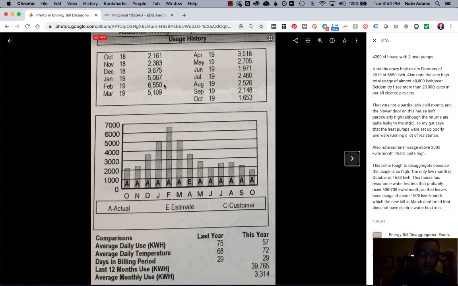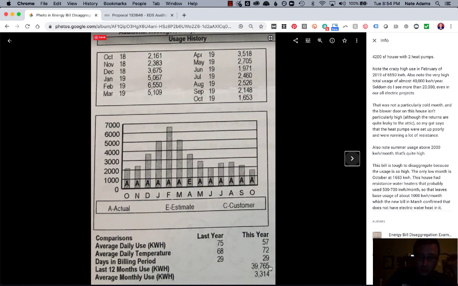And typically our electric houses are seeing somewhere between 1,500 and 2,500 kilowatt hours a month in the colder months to keep them warm. So to see something that high, even though it's a larger house, I'm like, something's going on. I'm betting that those thermostats sucked, or they weren't set up right, and that thing was banging resistance way more than it ever should have. So something was going on.